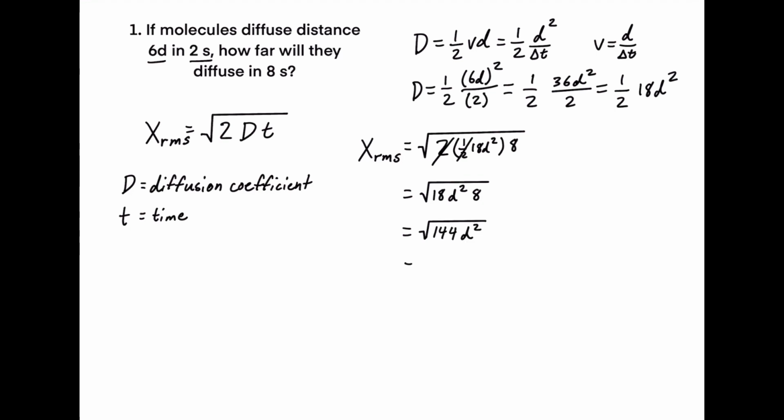Everyone knows the square root of 144 is 12, and then the square root of d squared is d, so we can say that our x RMS equals 12d, and that if molecules diffuse distance 6d in 2 seconds, or if they have a velocity of 3d per second, then they will diffuse a distance of 12d in 8 seconds.